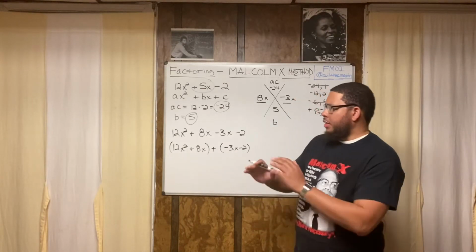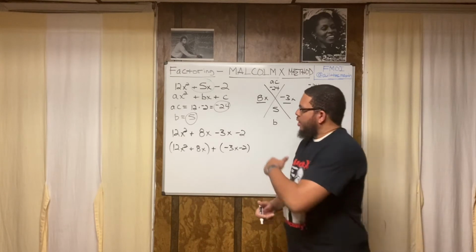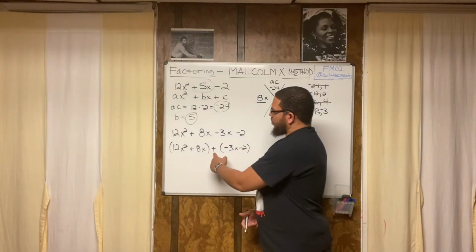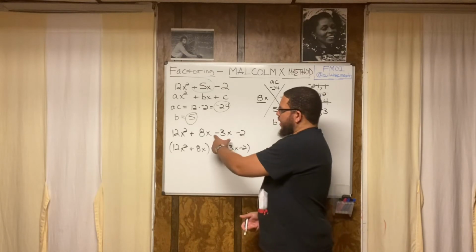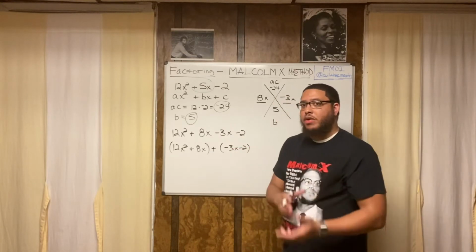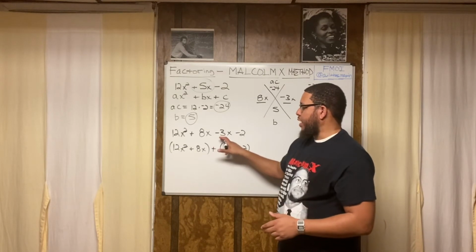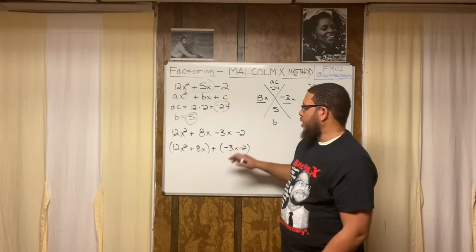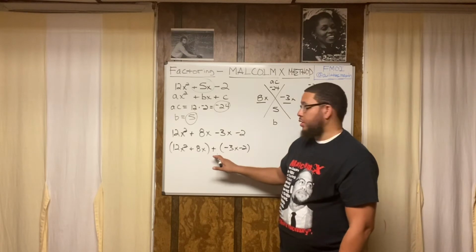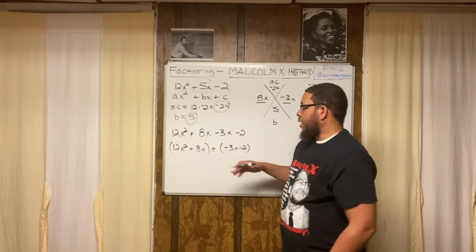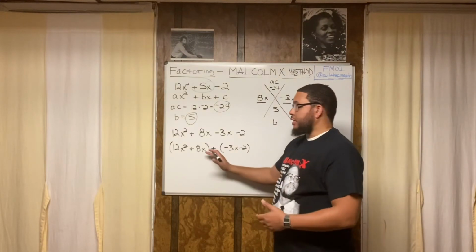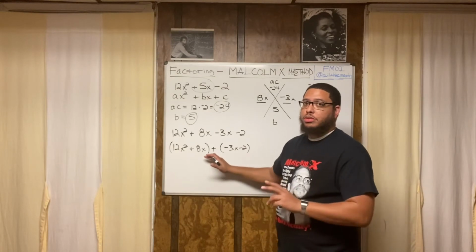And let me pause for a moment, because somebody might be wondering, why is there a plus sign right here if this was a minus sign? Because adding a negative is the same thing as doing subtraction. So saying minus 3x minus 2 is the same thing as saying plus negative 3x minus 2. And I like to always have a plus sign in between the two groups.